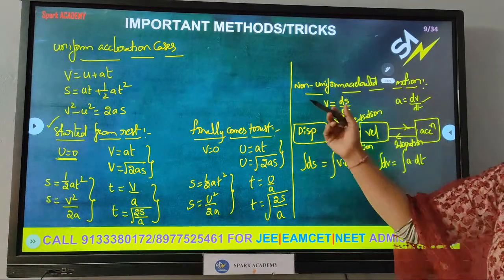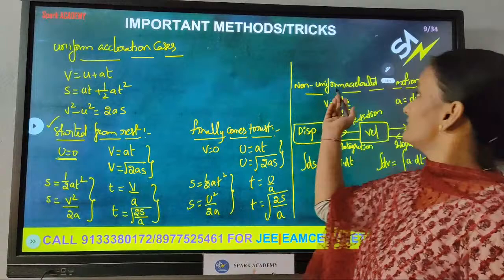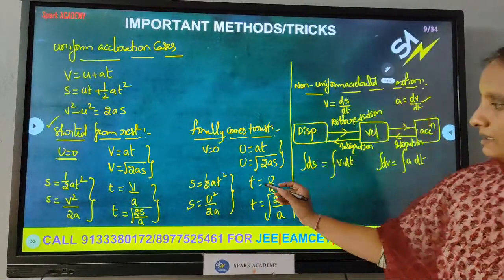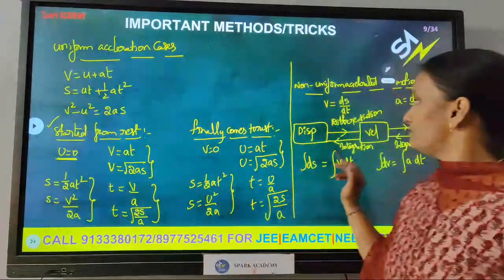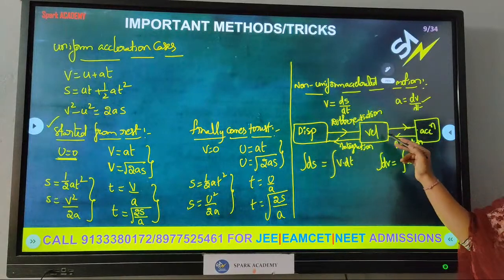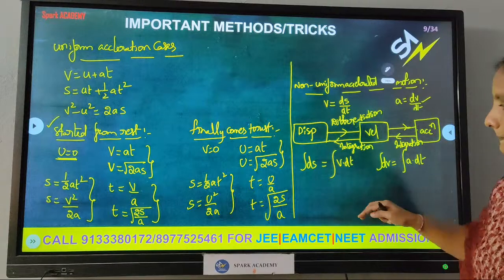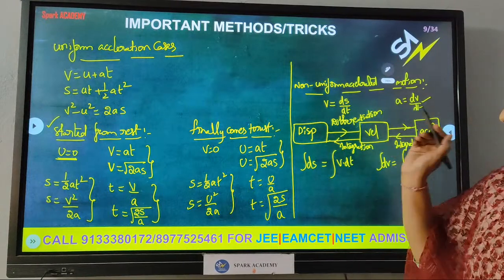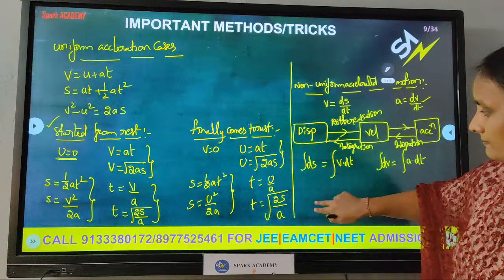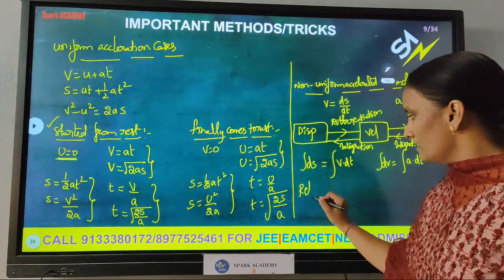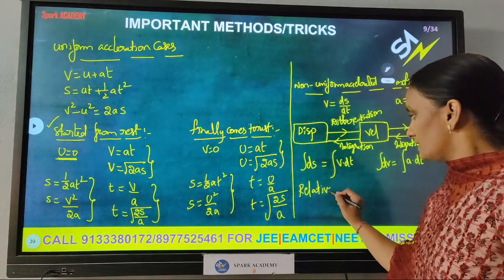So mainly uniform acceleration cases and non-uniform accelerated motion. These points you have to remember, and to find the displacement, velocity and acceleration, these relations you have to remember. Okay. Now, one more concept is there. Let me explain clearly. Relative velocity.